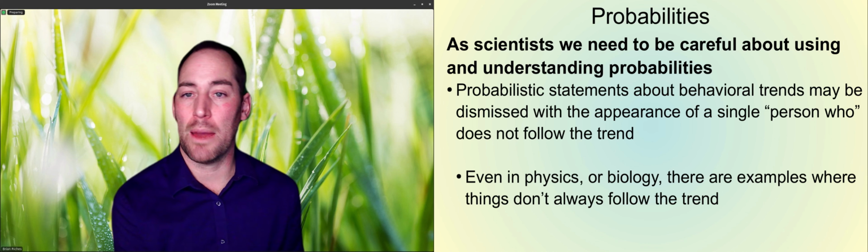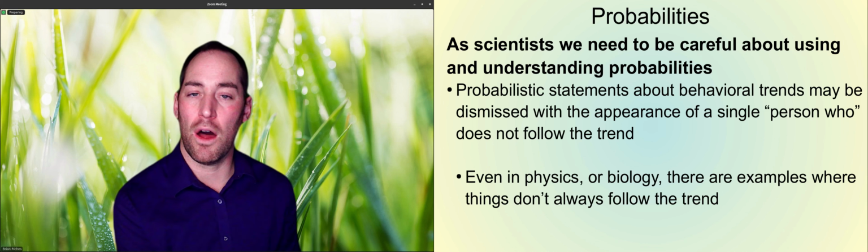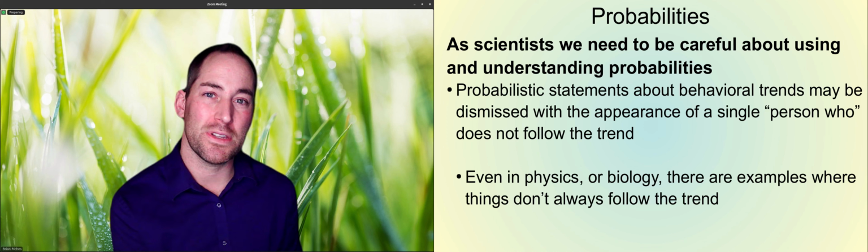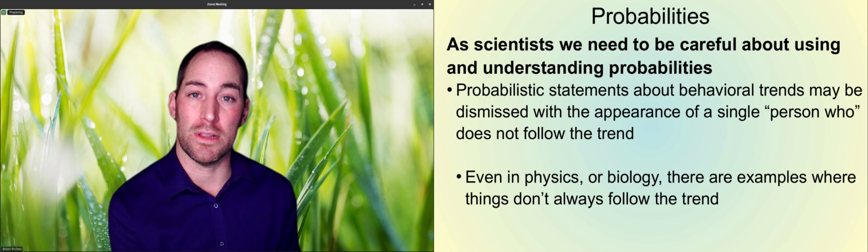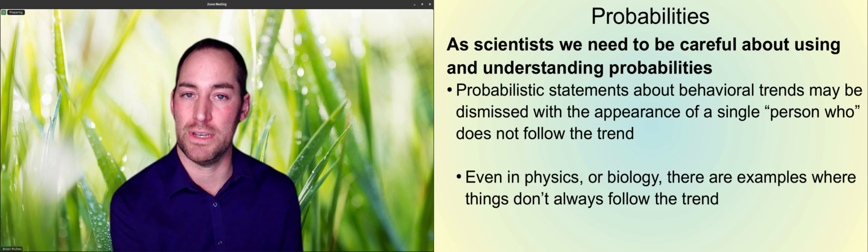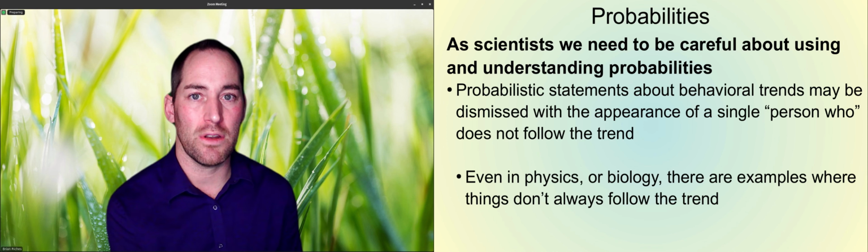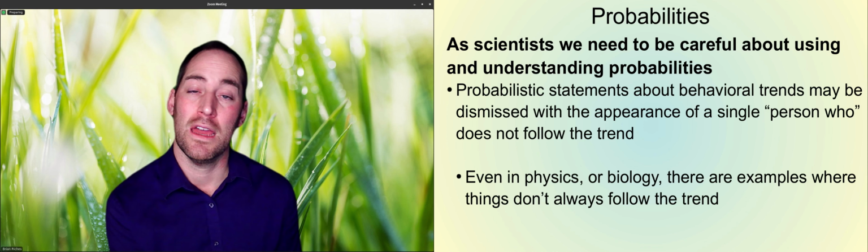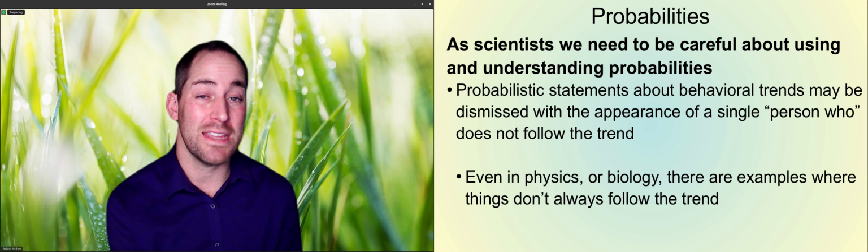So there are examples in physics, in biology, in all other sciences where cases don't always follow the probabilistic trend. We want to get as good as we can at having the highest likelihood, knowing all the interactions, to be able to make the best predictions, but those are still generally based on inferential statistics and probabilities. So there will definitely be cases where it doesn't always follow the trend.